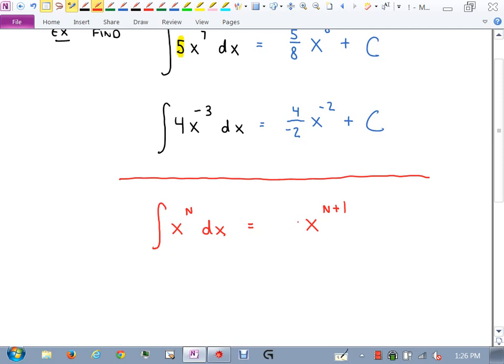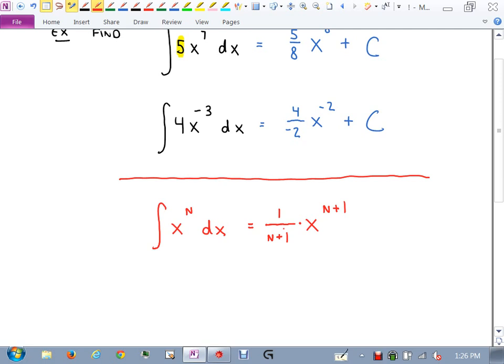And then we're going to have to multiply in front by what? 1 over n plus 1. See, 1 over n plus 1 is a number, isn't it? And when the n plus 1 out here comes out, what will happen to it?